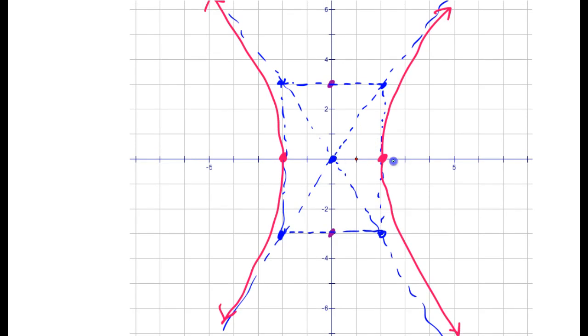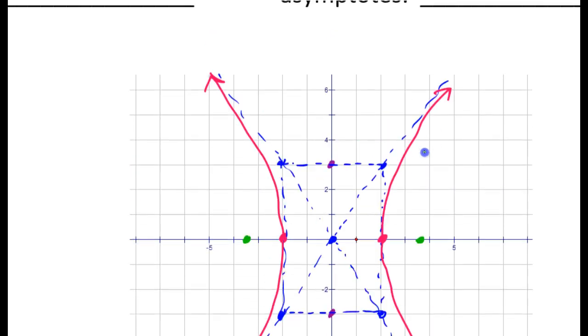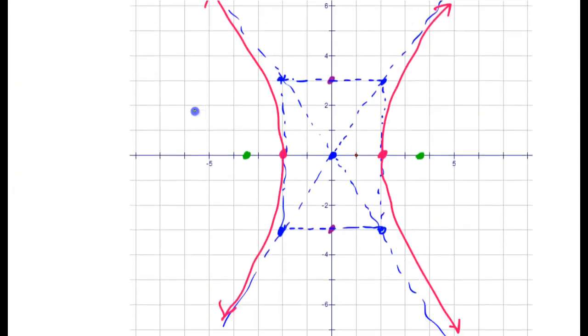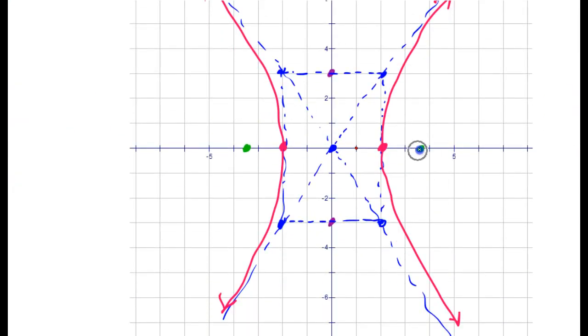So if I go 3.6 to the right, that's going to be about here. Okay, 3.6 to the left is going to be about here. Now when I label these points, I can't use the 3.6. I've got to use the radical 13. So look, the y-coordinate is just going to be 0. See how it's right on the x-axis?